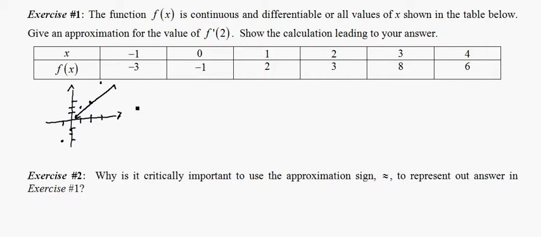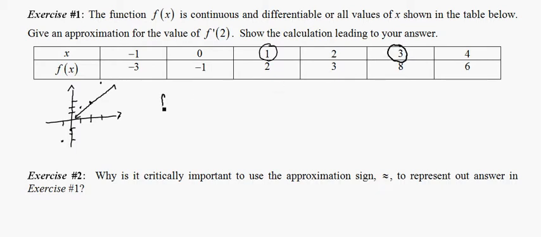Now there are three acceptable slopes that are approximations for f prime of 2. To me, the most logical one is to calculate the average rate of change between the two x values that are closest to 2.